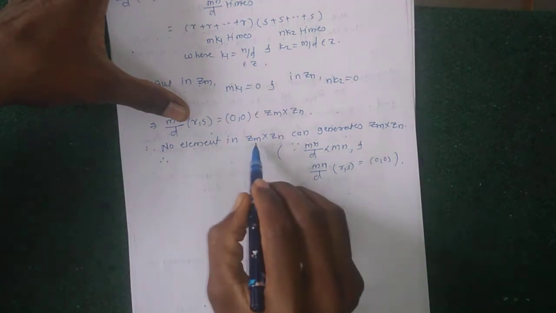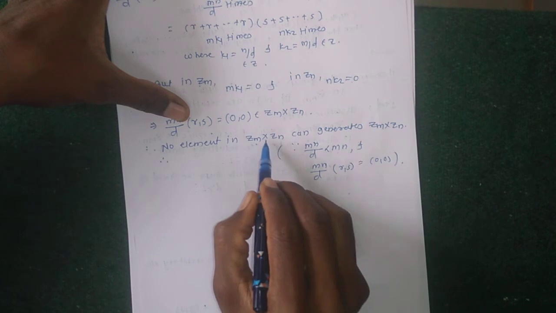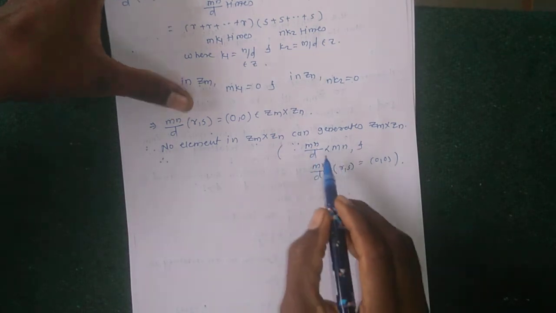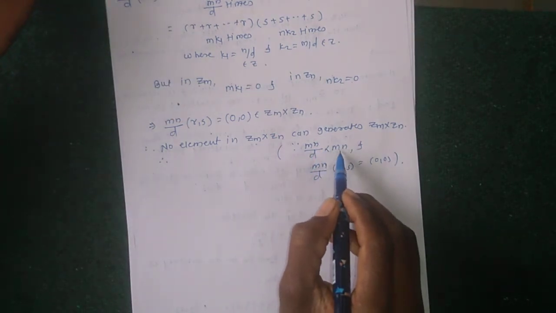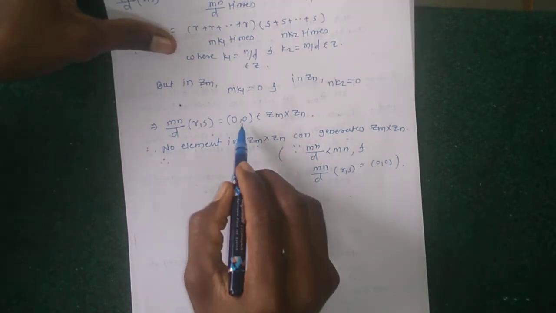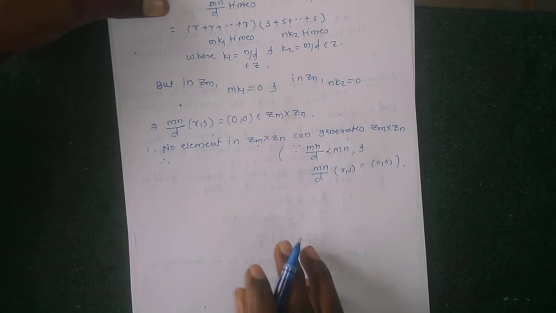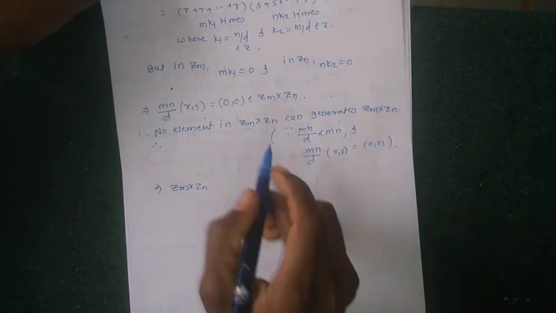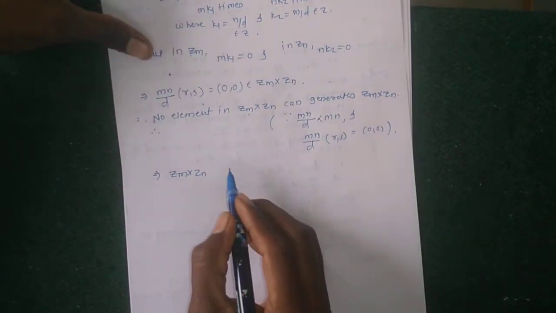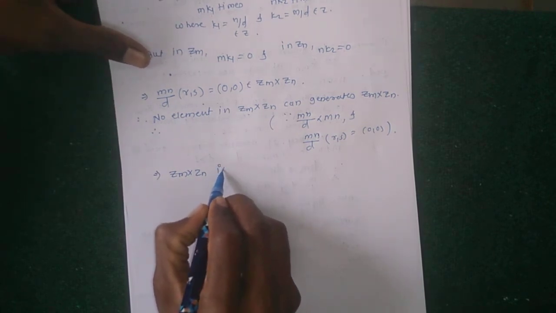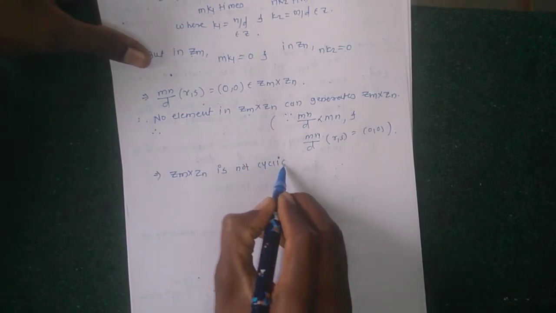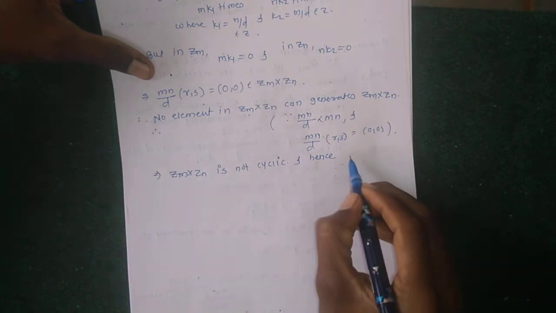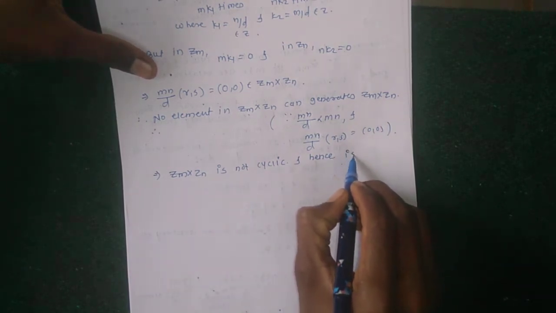No element exists in this set with order mn. Multiples of this term have order less than mn, and the only value is (0, 0), which implies that Zm cross Zn has no generator. Zm cross Zn is not cyclic.